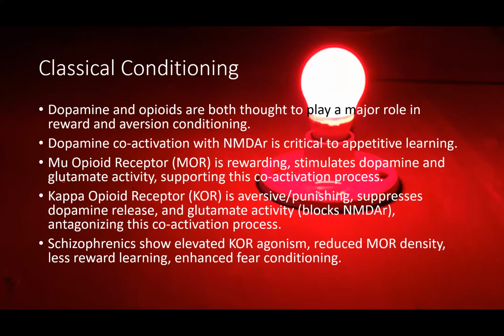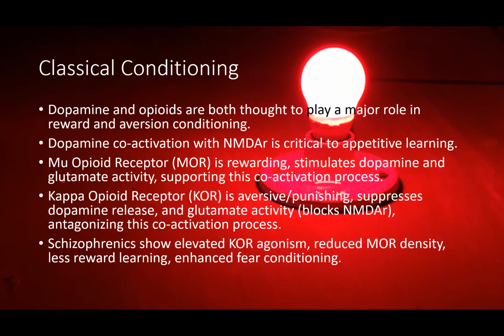And there was one study that noticed dopamine coactivation with the NMDA receptor is critical to appetitive learning, which is basically just classical conditioning. They found that specifically there's a dopamine type 1 receptor, and both of those need to be activated at the same time for this kind of learning to occur.